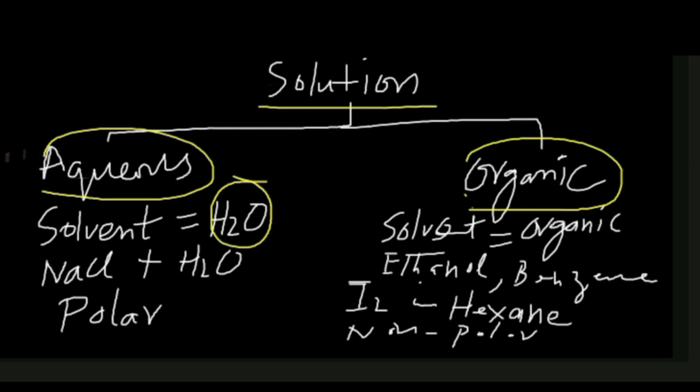The aqueous solutions are water based, and an example of these solutions is a salt, such as sodium chloride, dissolved in water. As sodium chloride is dissolved in water, on this basis we can say this is an aqueous solution, because the solvent here is water.